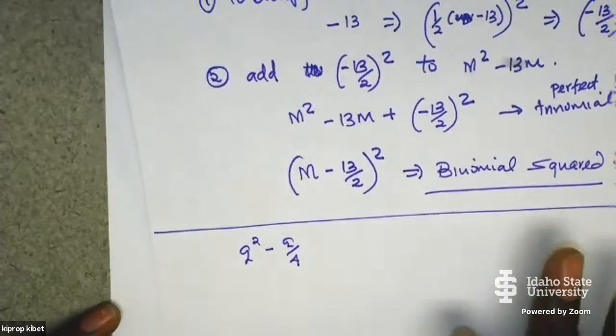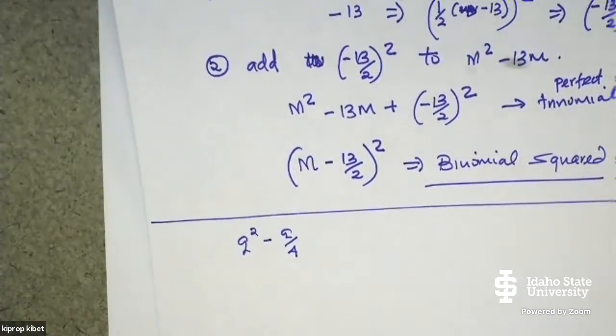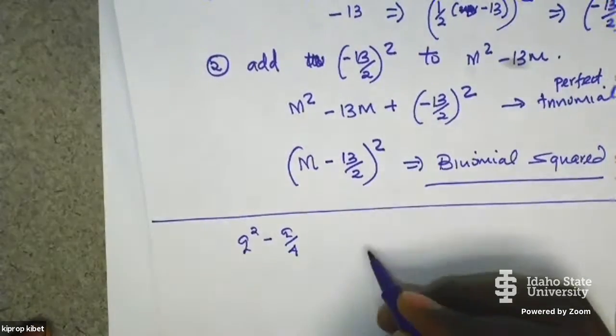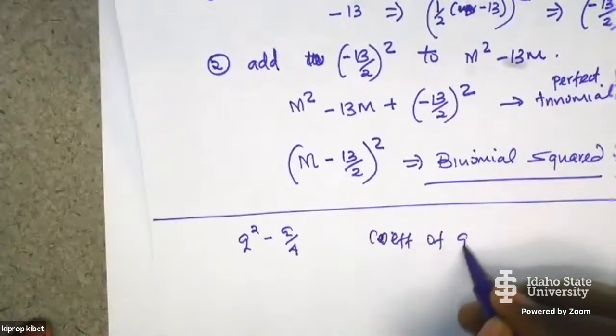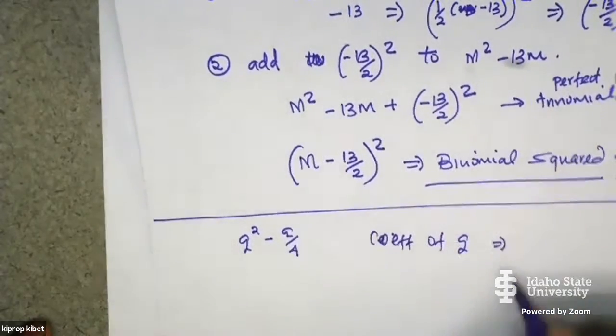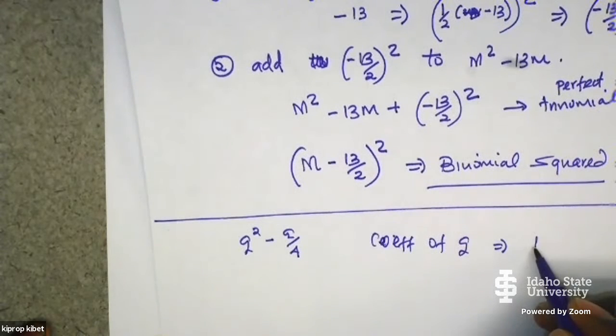So now, first step, identify the coefficient of what? The coefficient of q. What is the coefficient of q? It is negative 1 over 4.